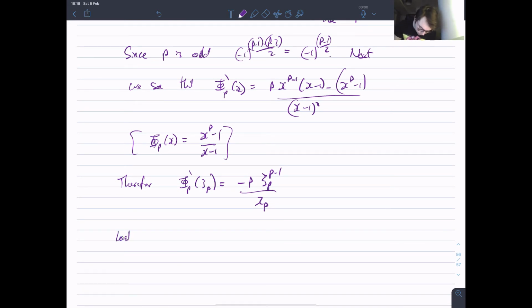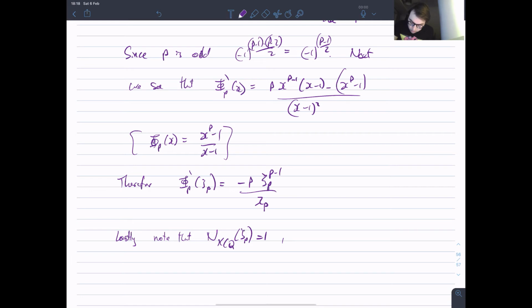Lastly, note that the norm from K to Q of z_p is 1. Since z_p is a unit, it's going to mean that it has norm 1. But if you think of what the minimal polynomial is, the norm is going to be the coefficient of the constant term, in which case it's 1.